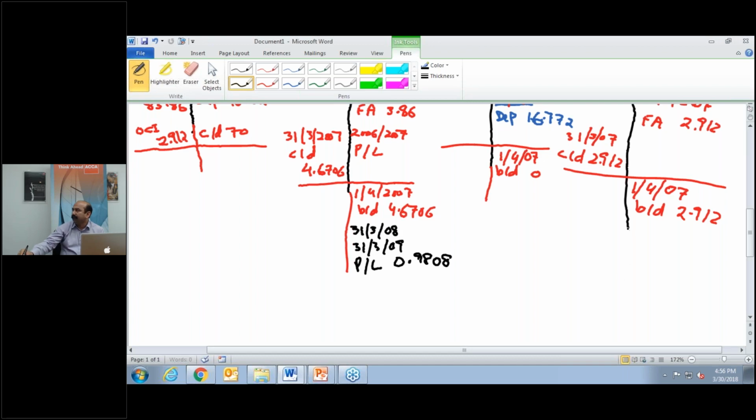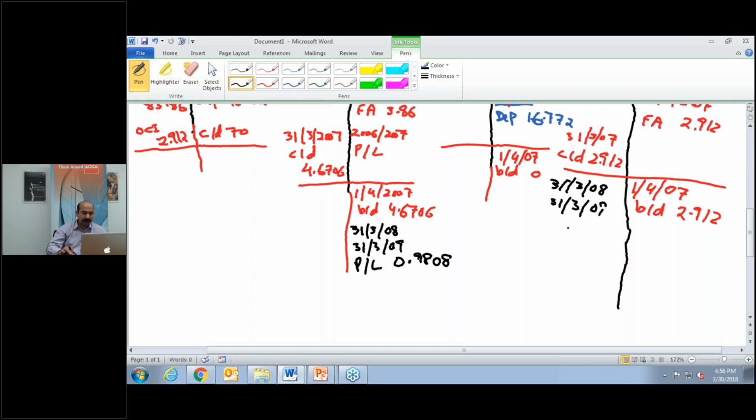And similarly, this is the revaluation reserve account. If we transfer a part of the revaluation reserve to the retained earnings over a period of 2 years, then the amount will be like this. We transfer on 31st March 08 and 31st March 09.